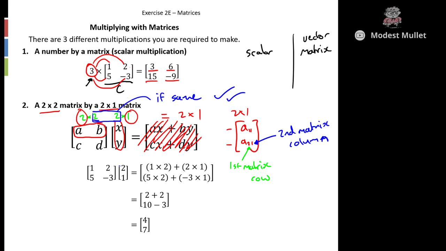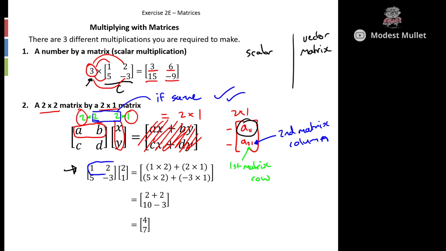Okay, so for this top element, we're going to go, what color do I want? Black. We're going to look at this top element here in the next line of working out. So in my solution, I need to fill element A1, 1. That means I'm going to use row 1 from the first matrix, and I'm going to use column 1 from the second matrix.